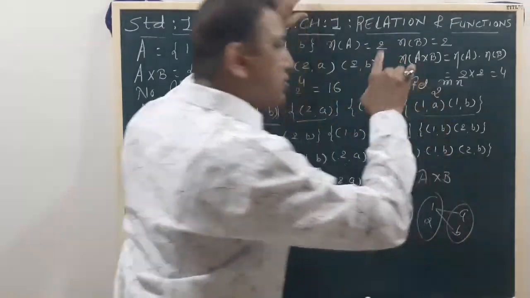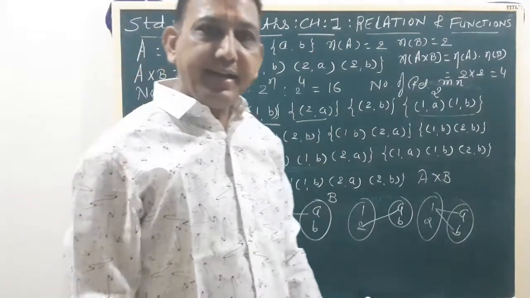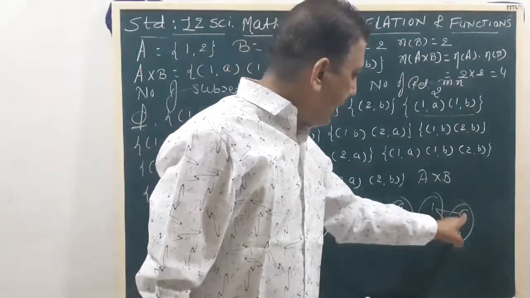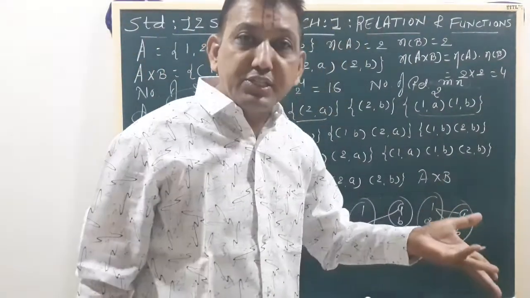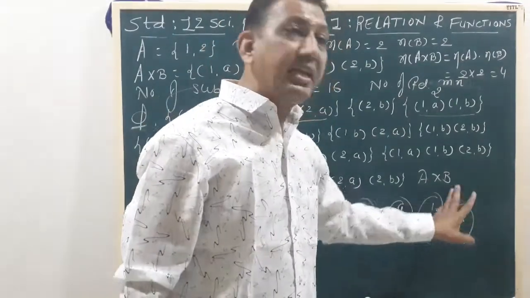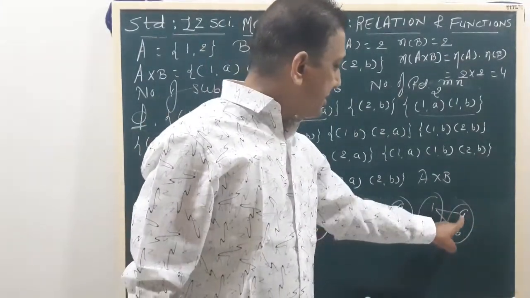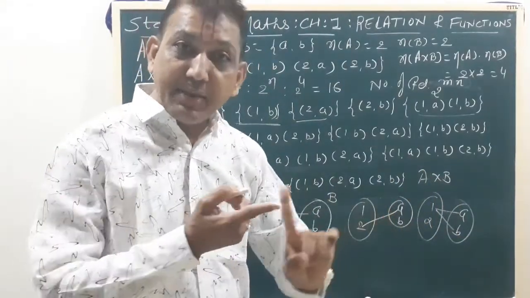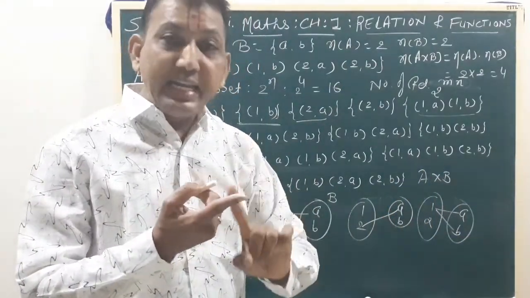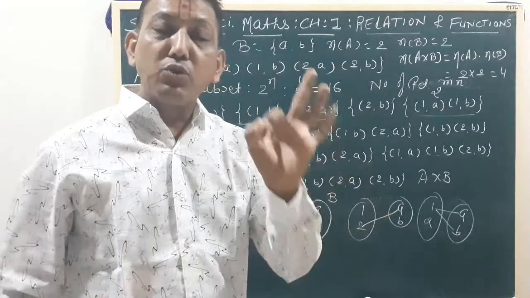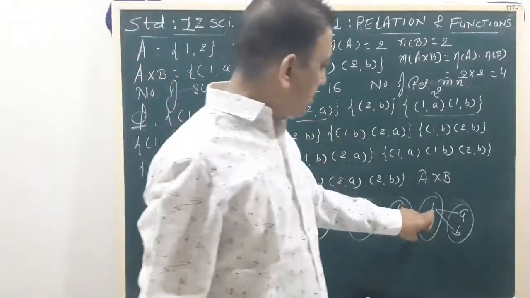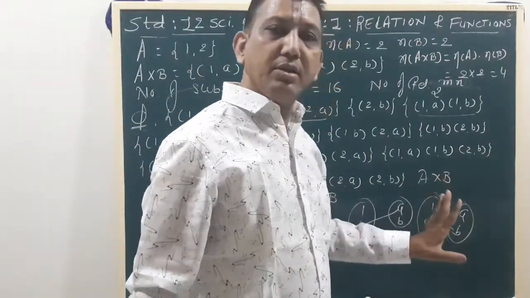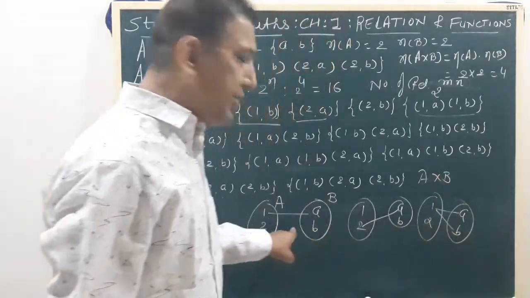It is not a function, because here there is more than one relation. F of 1 is A, and F of 1 is also B. Not possible. Our concept is that in a domain, each and every element has one and only one relation. Here there are two relations, so this is also not a function.